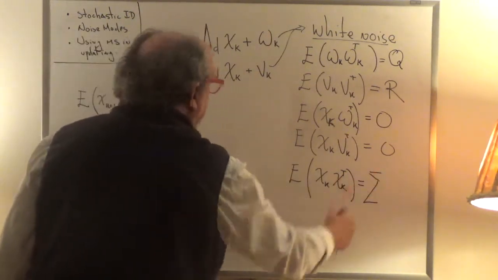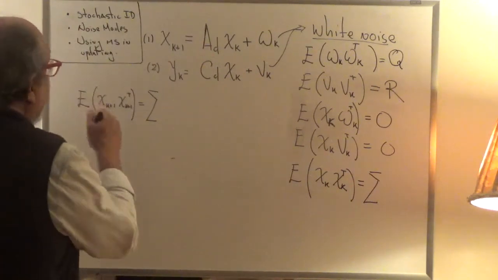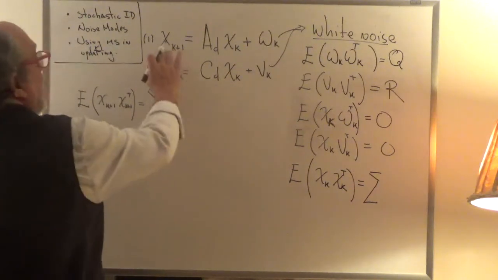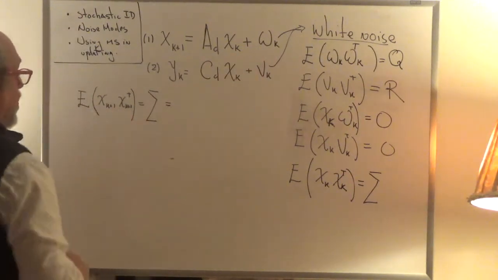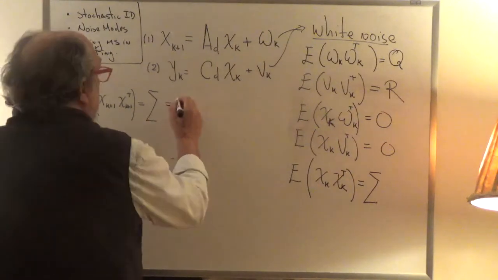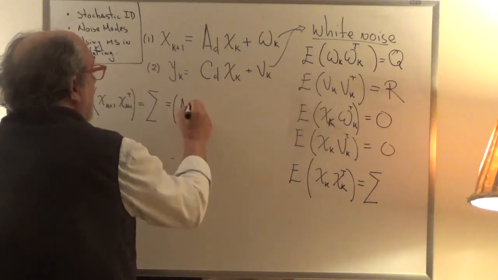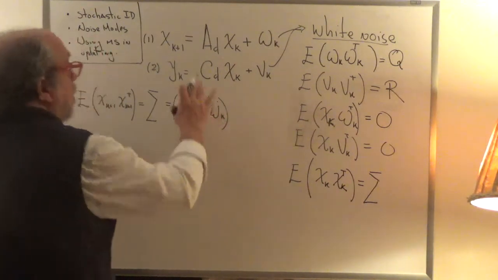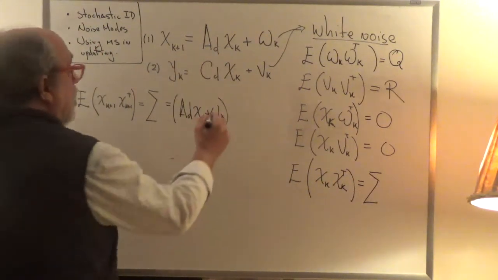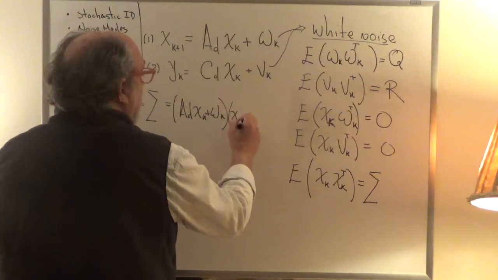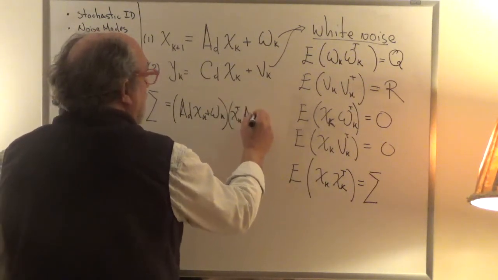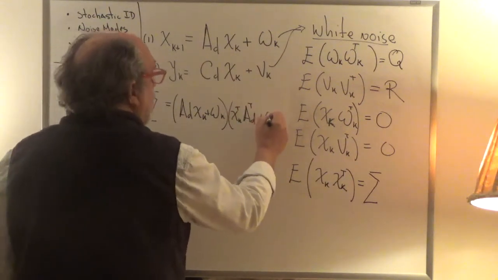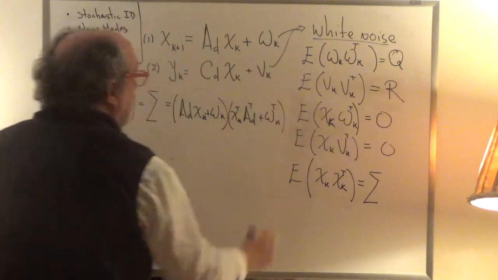Because this is independent of k. And I can take my formula to find an expression for that. So what I would find is AD times xk plus omega k multiplied by the transpose of that, which is xk transpose AD transpose plus omega k transpose, right?